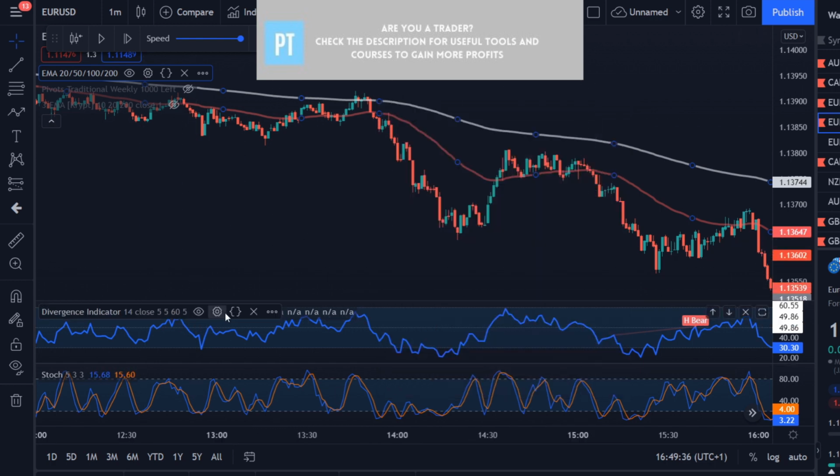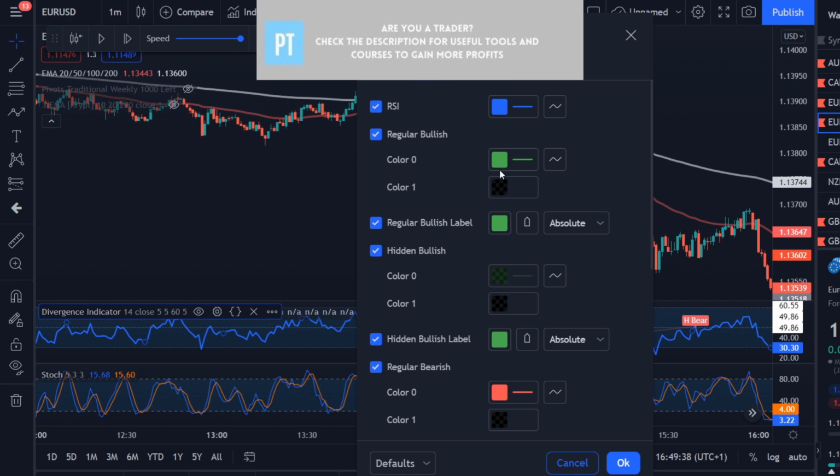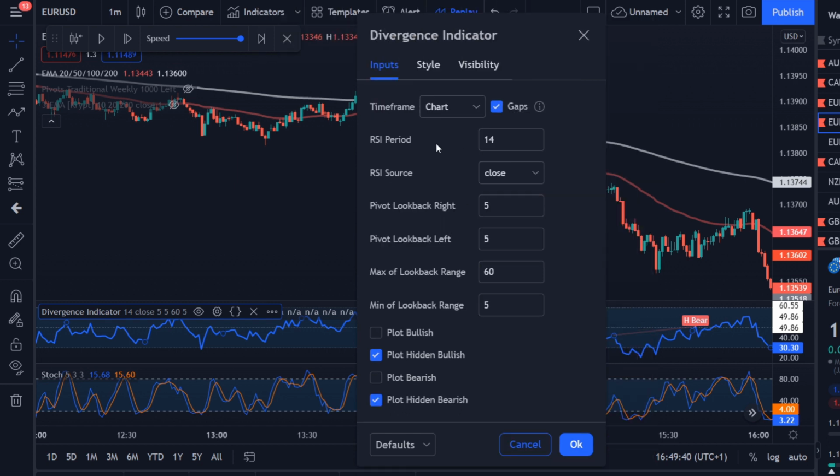Okay, and then we are looking at the divergence indicator, and what is important is to select the plot hidden bullish and the plot hidden bearish. So in my previous video I forgot to enable the hidden bullish divergence and the hidden bearish divergence indicators.